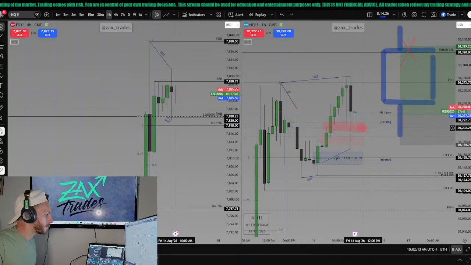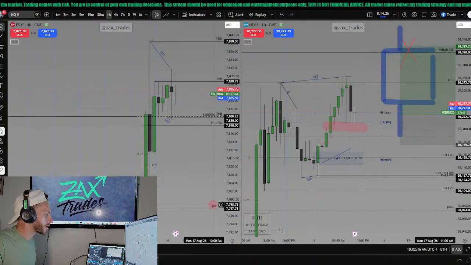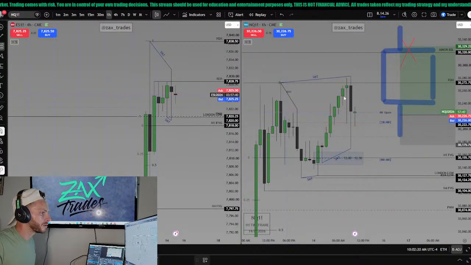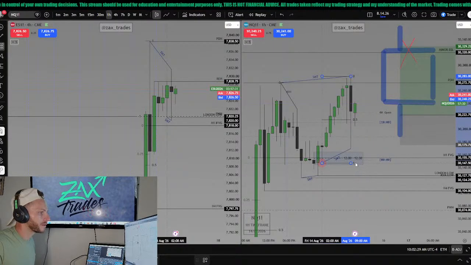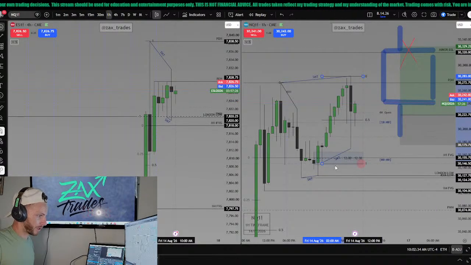Okay. And then if we also check our dealing range here, from this high up here down to the most recent low, which is here, look at that. So we're holding right above equilibrium of that 1 hour range.